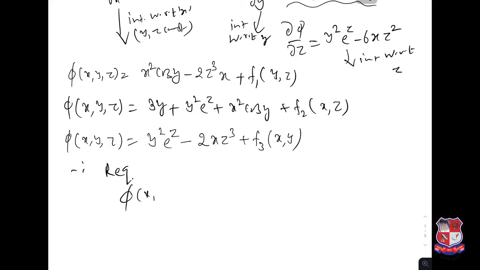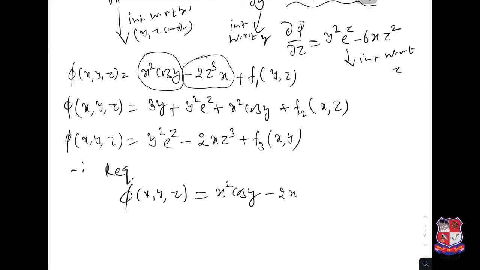Required phi scalar potential function is, say, x square cosine y, then 2z cube x, so minus 2x z cube, 3y, y square e power z. x square cosine y already done, y square e power z already there, and 2x z cube is already there also.